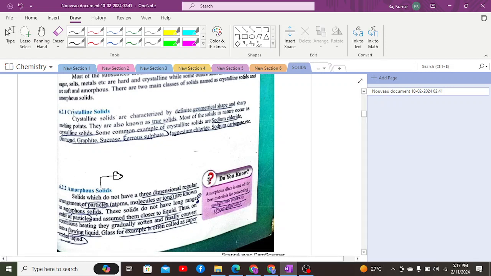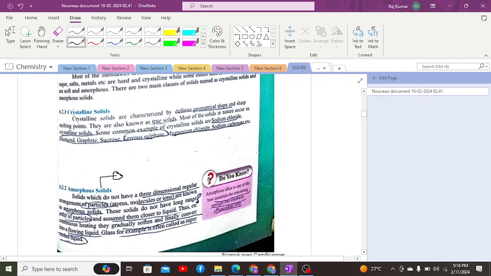Now, crystalline solids are characterized by definite geometrical shape and sharp melting points. These are known as true solids. These solids in nature occur as crystalline solids. Examples include sodium chloride, diamond, graphite, sucrose, ferrous sulfate, and others.